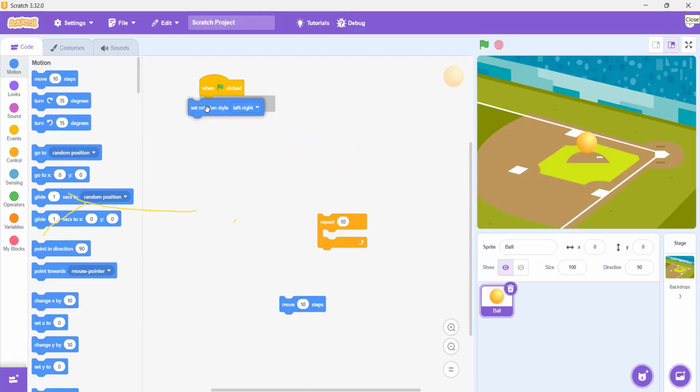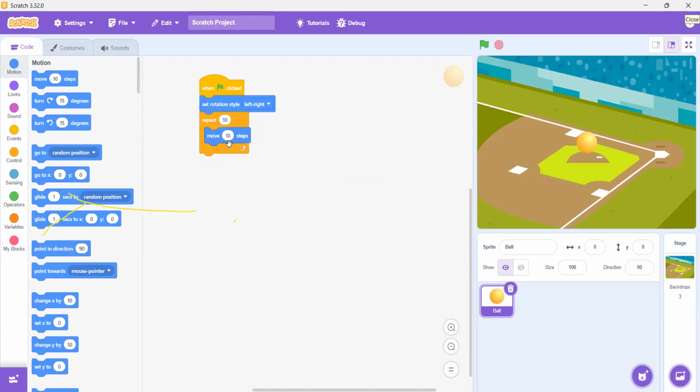When I have all these instructions, the flag, then the rotation, then repeat, then move 10 steps, then it is a complete instruction for the ball to move 10 steps. Yes, we should have the instructions together.